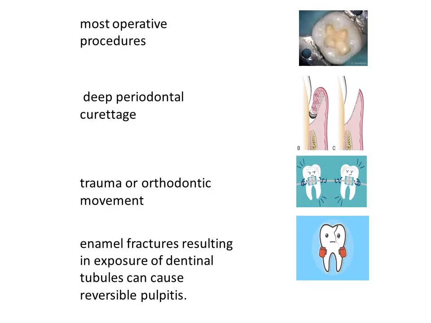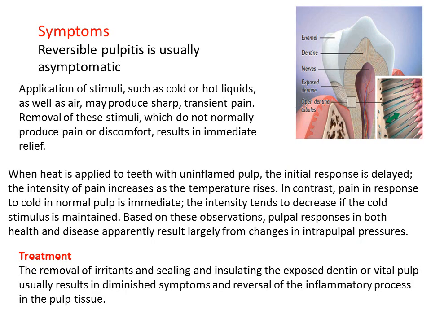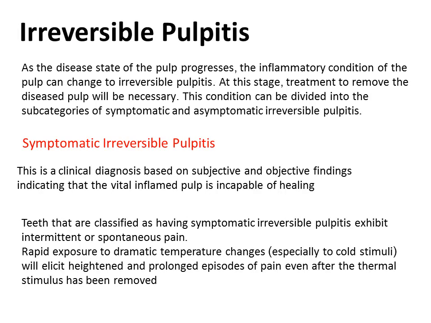A fracture of a tooth can do that. So the pain is due to the dentinal tubules, okay, and isolate the exposed dentin or the vital pulp. All of these will result in a symptom. No inflammation will be there.